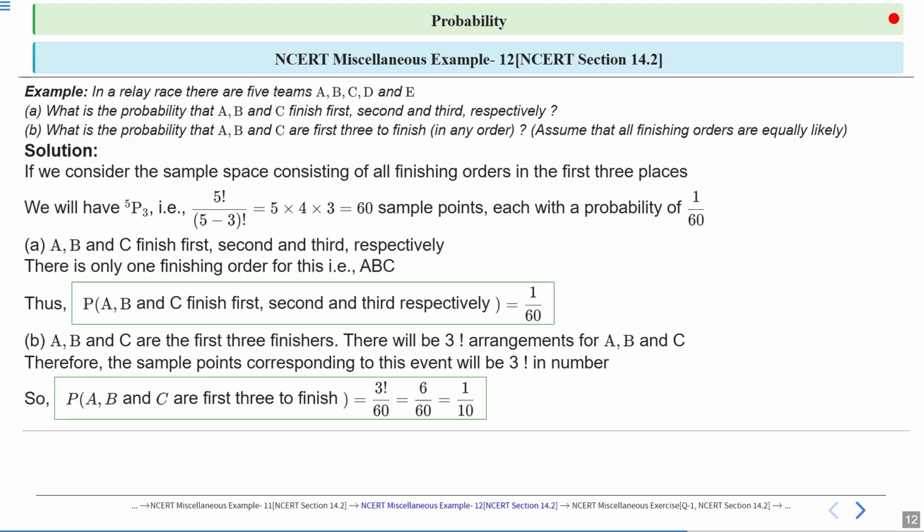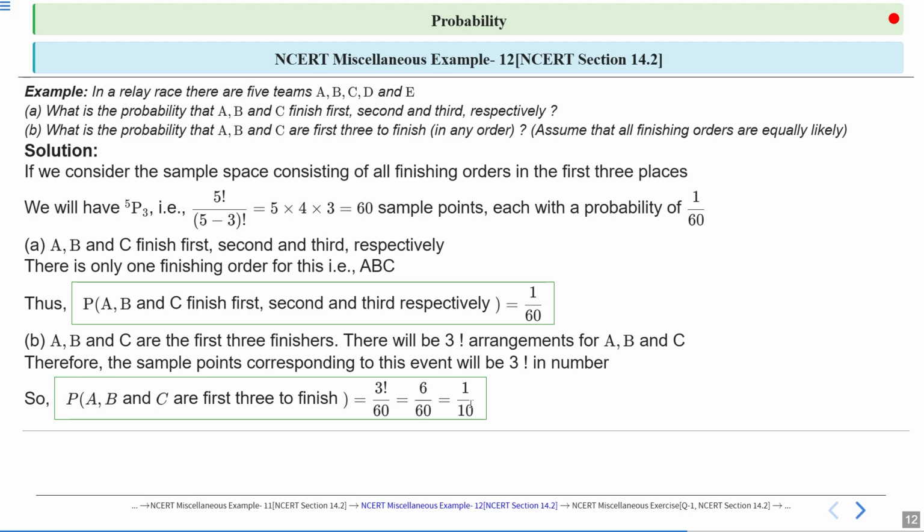Clear? So the probability that A, B, and C are the first 3 to finish is 3 factorial divided by 60. You all know 3 factorial is equal to 6, so this is 6 over 60, which is equal to 1 by 10. Therefore the probability that A, B, and C are the first 3 to finish is 1 by 10. Students, I hope it's clear to all of you.